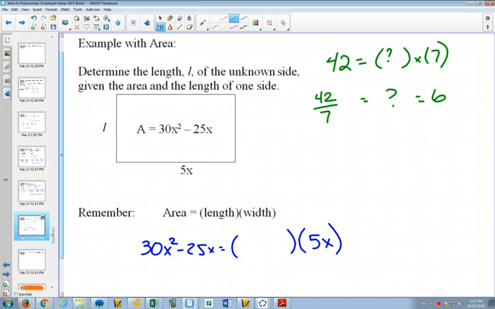We could have also made an area of 42 and said one side is 7. What would the other side have to be to give us that area? It would have to be 6. Now, we're going to take those ideas of either dividing or multiplying or drawing our area, like we did with regular numbers, to this algebra problem.